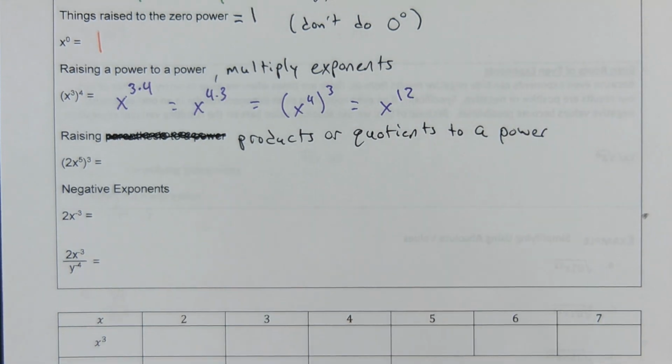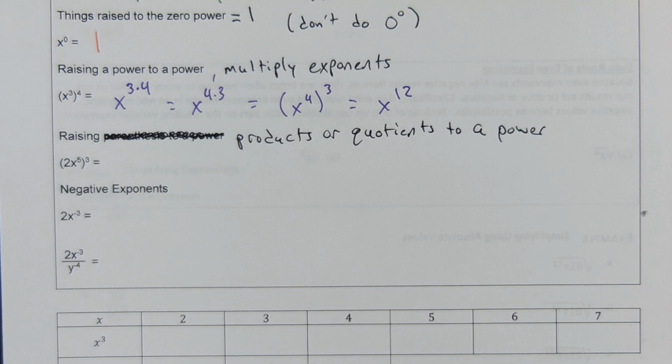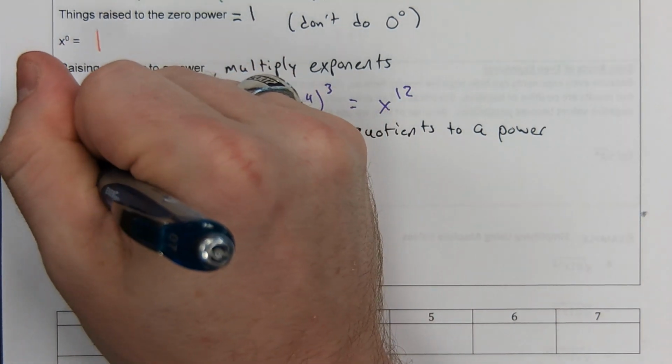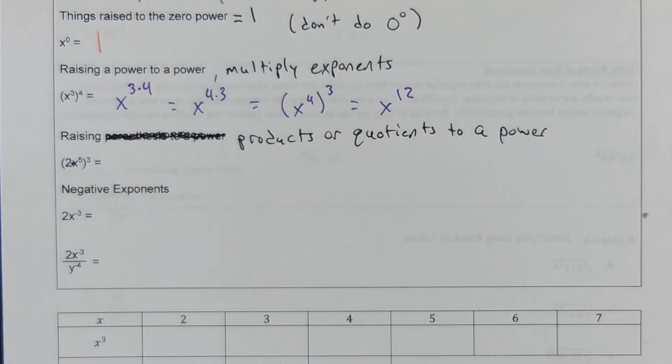See, this one is a product inside those parentheses. 2 times some stuff. There's a multiplication dot between that 2 and that x to the 5th. That's what I tried to just show with my blue pen there, but it's kind of tough. Anyway, when you raise a product or a quotient to a power, what I'm saying is it doesn't matter if inside these parentheses was multiplication or a fraction bar. The rule is still going to hold true.